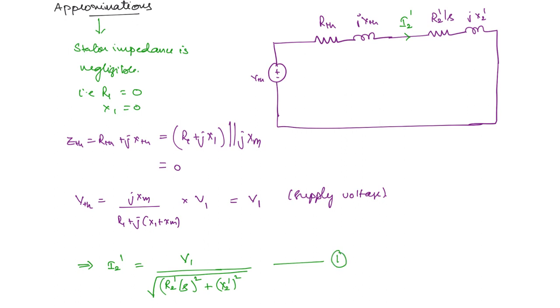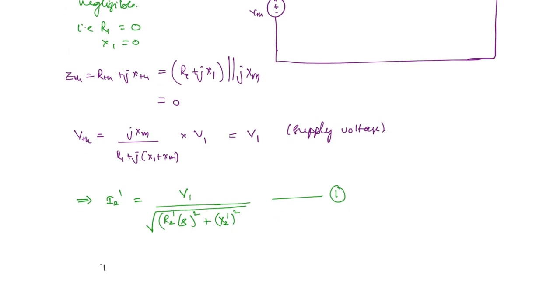Now what about the induced torque? T induced is equal to the air gap power divided by the synchronous speed. Now PG is the power dissipated in R2 dash by S resistance. So you are going to get 3 I2 dash whole square R2 dash by S. The same derivation, right? We are using 3 times because this is per phase dissipation, so 3 times that per phase will give you the total air gap power.